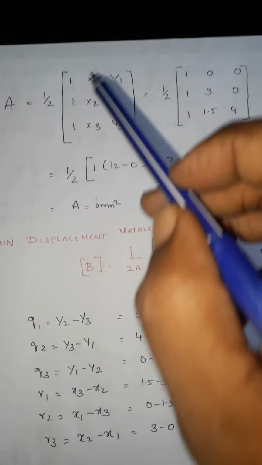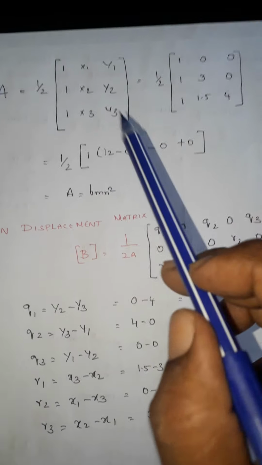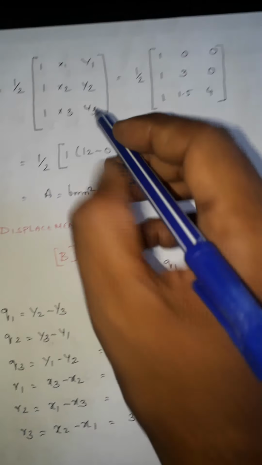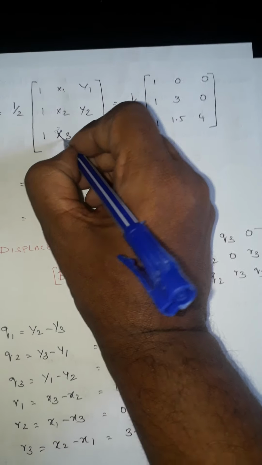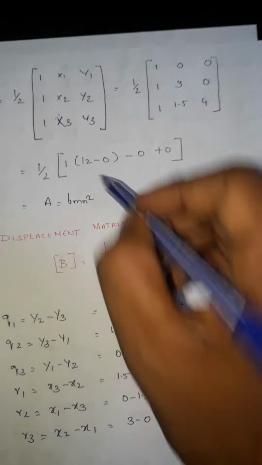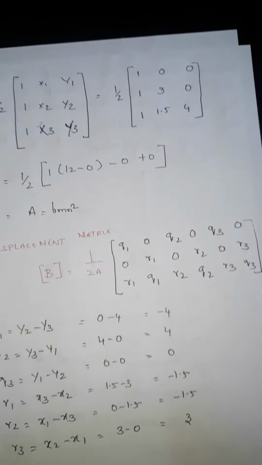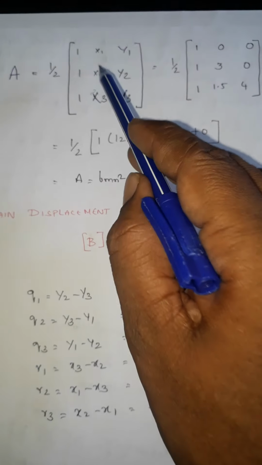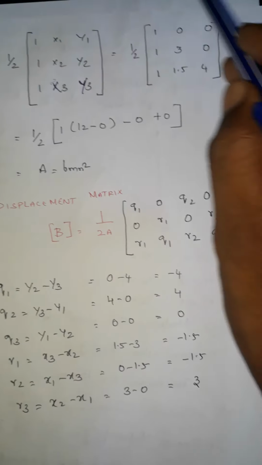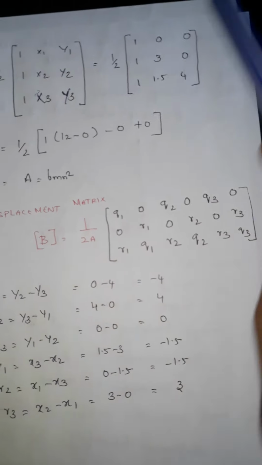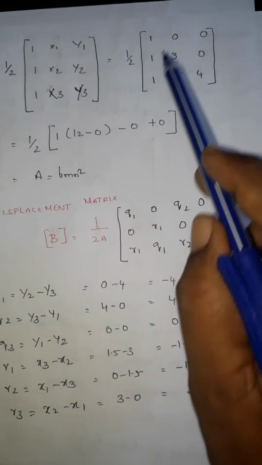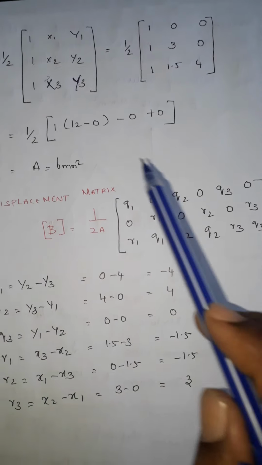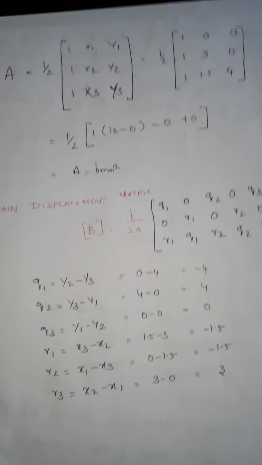This is the formula: A is half of the determinant of x1 y1, x2 y2, x3 y3. So I substituted x1, x2, x3 values, in that problem it is coordinate values, and I'm finding out the determinant of this, and I'm getting area is equal to 6 mm square.